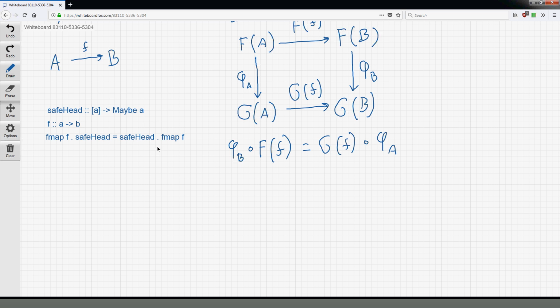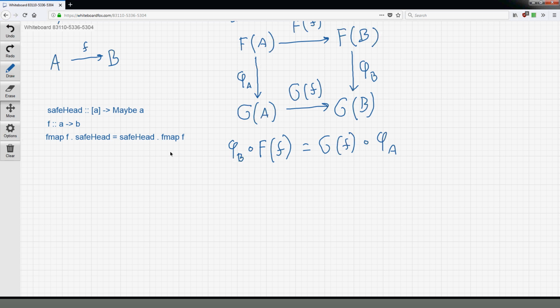And on the other side here, we essentially apply the function to all of the elements in the list and then take safe head. And that should always give us the same result, which we want, don't we? I mean, it certainly should seem like that's how this should work.